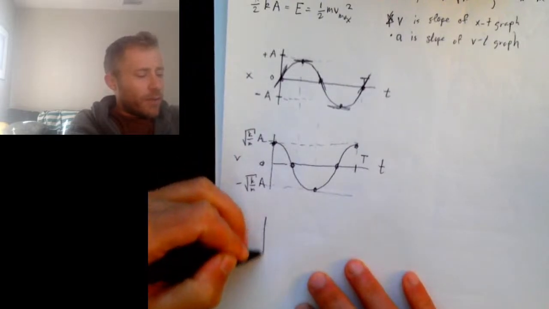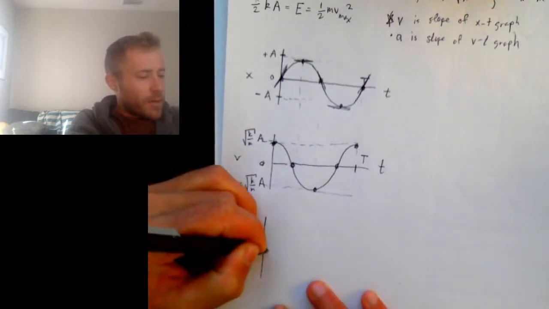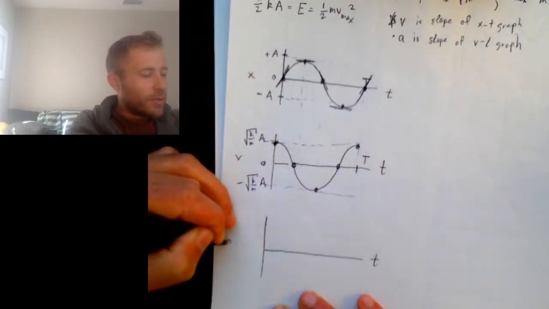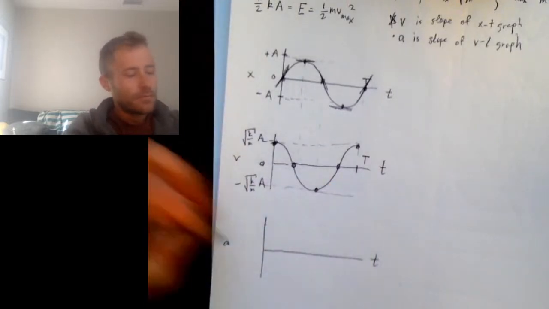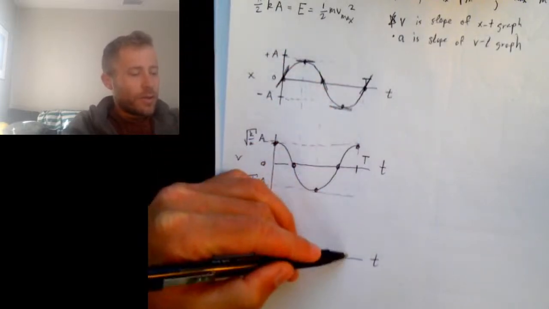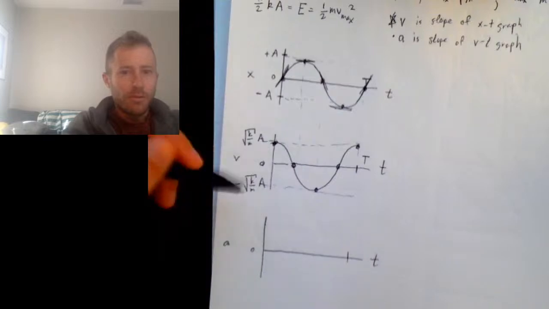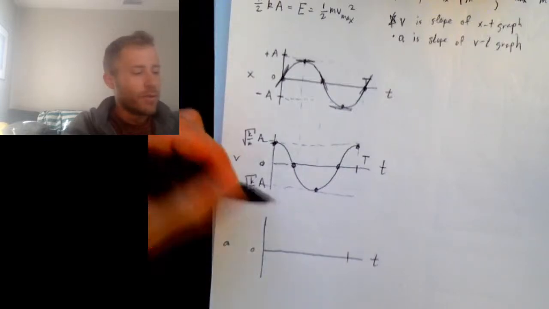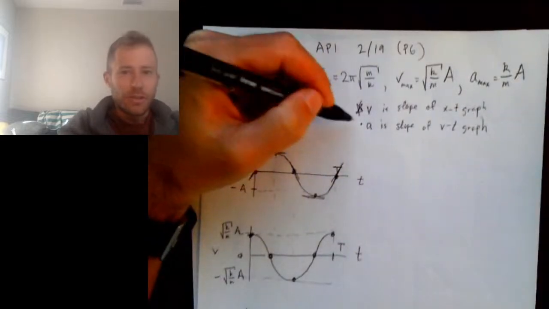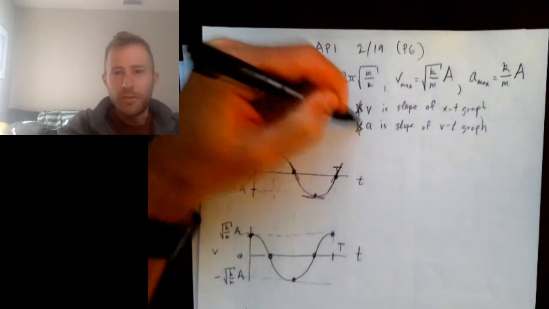The next graph we're going to make is the acceleration time graph. So again, I like to draw that below the velocity time graph. Why? Because acceleration is the slope of the velocity time graph.